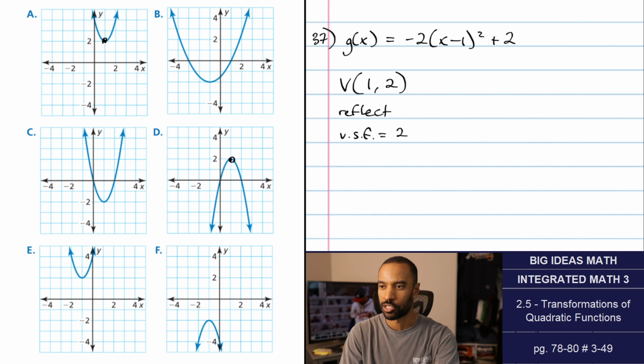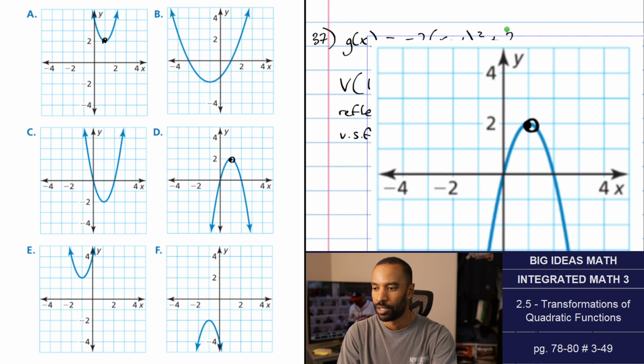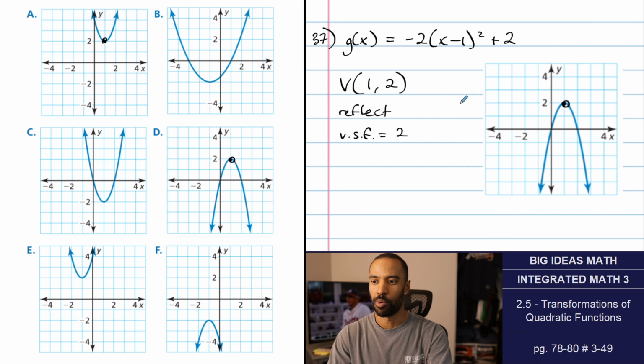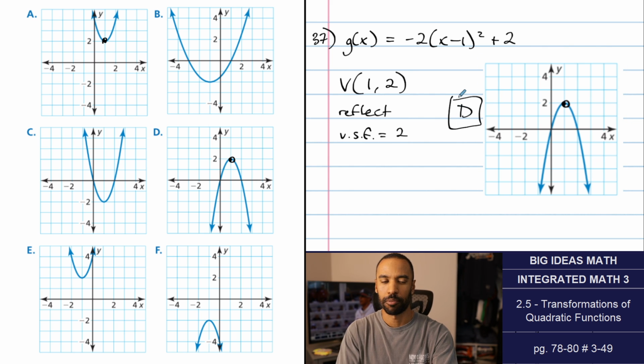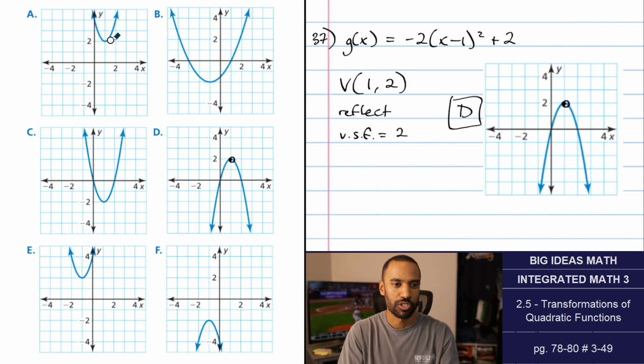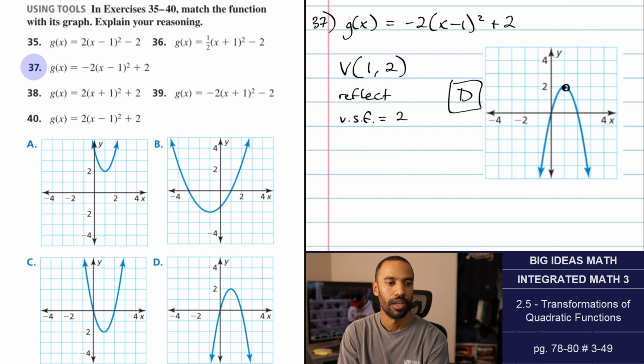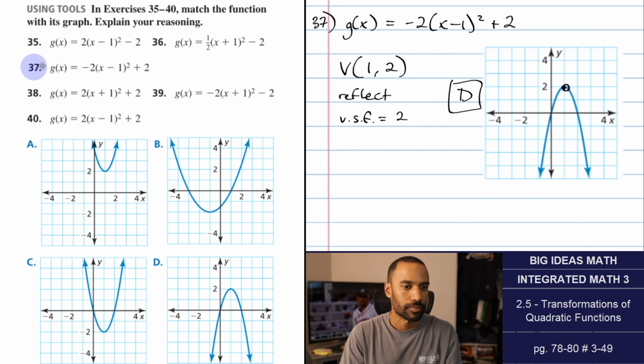Oh, I guess it's going to have that mark on there, sorry. But there is the graph of D, and there's my explanation. It's mostly the flip over, right? That flip over really was a selling point of that. Obviously the vertex. I mean, listen, you don't have to start from the vertex. You can say which ones are flipped over, D and F, and then go by the vertex. It's up to you. Okay, number 38.